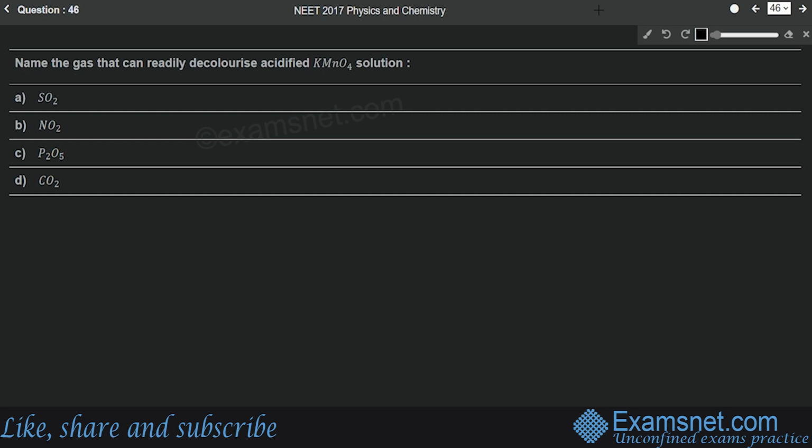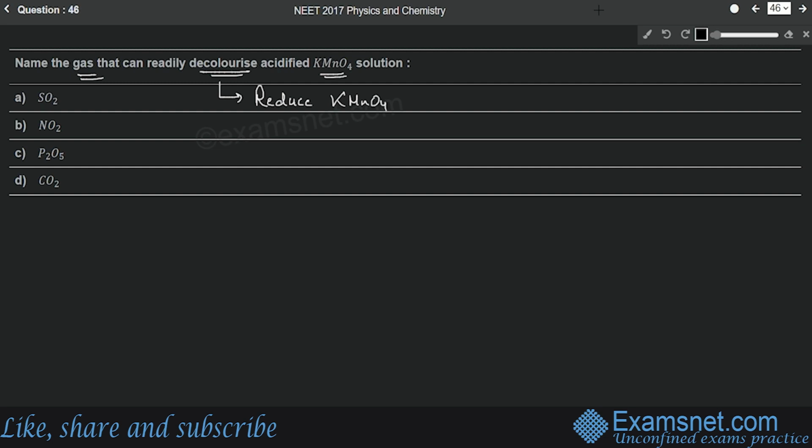The first question is related to oxidation states. The question is: name the gas that can readily decolorize acidified potassium permanganate solution. What does it mean to decolorize acidified potassium permanganate? It means that it should be able to reduce the acidified potassium permanganate.